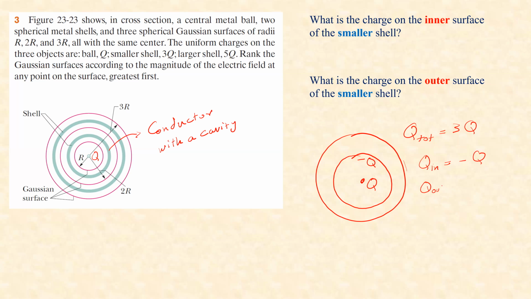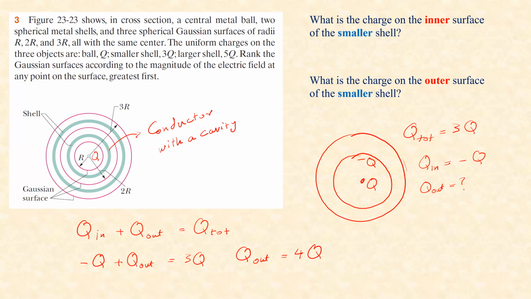Q inside plus Q outside equals Q total. So negative Q plus Q out equals Q total, which is 3Q. So Q out should be 4Q, right? Thank you.